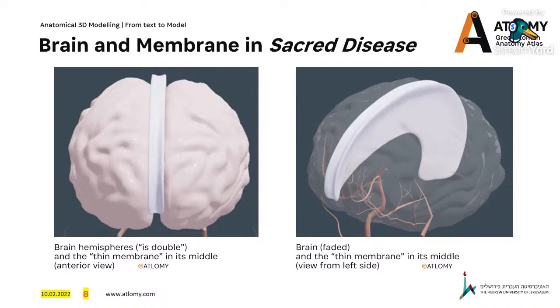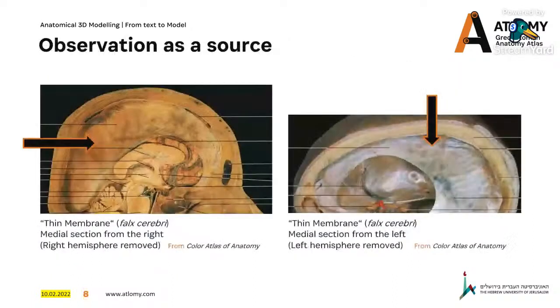And this is where our modern observation of the anatomy comes into play. What we decided that the author is probably referring to is what is called the falx cerebri, this thin membrane, which we can see here.